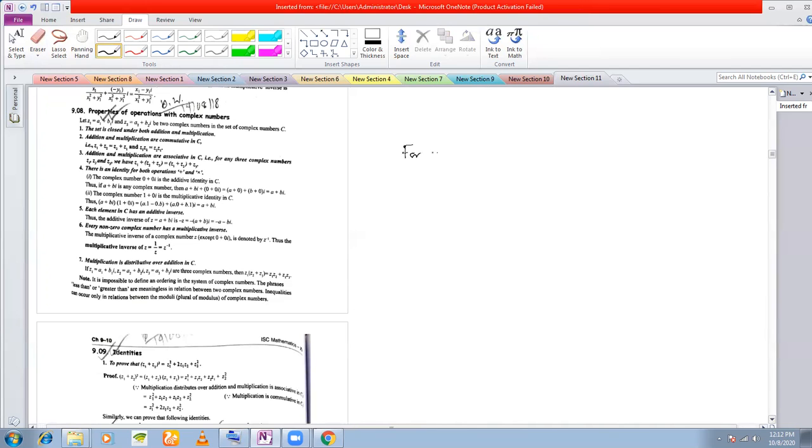For any two complex numbers, or any three, let's say Z1, Z2, and Z3, Z1 plus Z2 is equal to Z2 plus Z1.